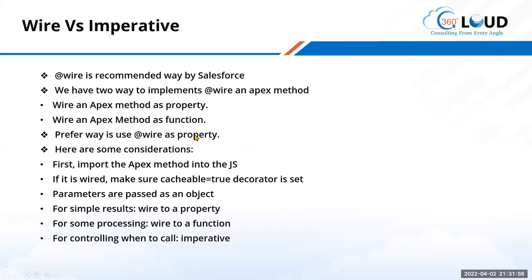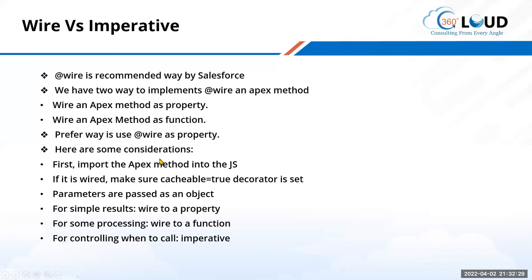However, we have some use cases where we are required to use imperative apex. For example, when you need to invoke an apex method without reactive parameters, like a button click event, when we click on a button, or click on a link, or maybe click on a checkbox to make it invocable, then we use an imperative method.